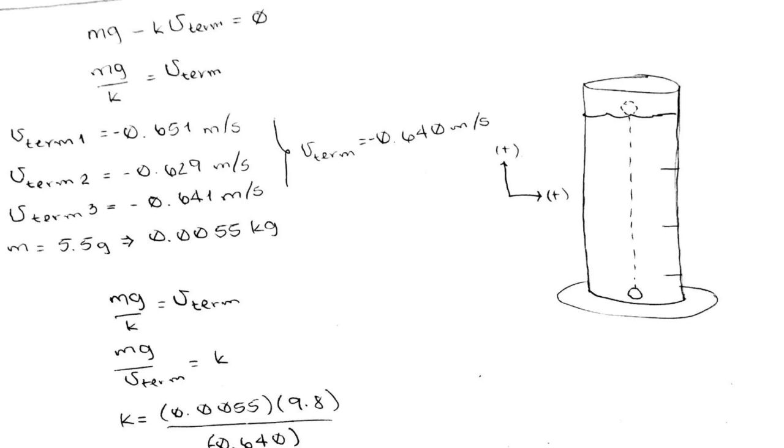All terminal velocities are in meters per second. The first one is minus 0.651, then minus 0.629, and then minus 0.641. That gives us an average terminal velocity of minus 0.640 meters per second.